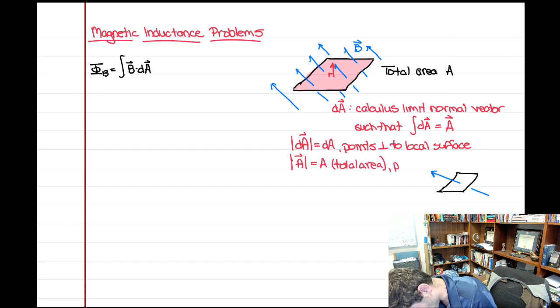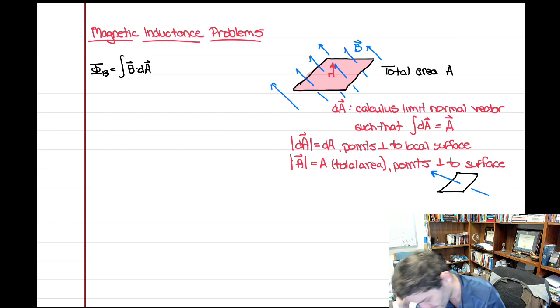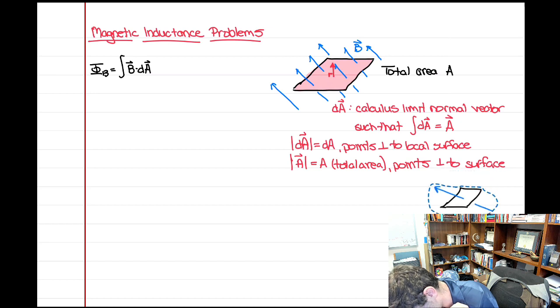And it still points perpendicular to, in this case, the entire surface in a sense, if you're able to do that particular integral given the definition of magnetic flux.